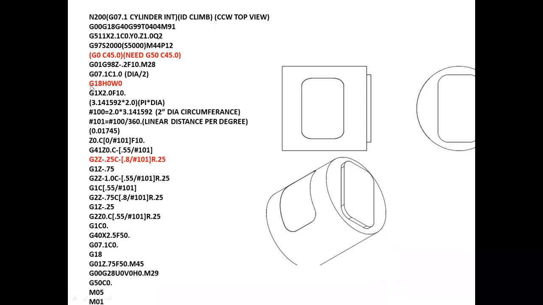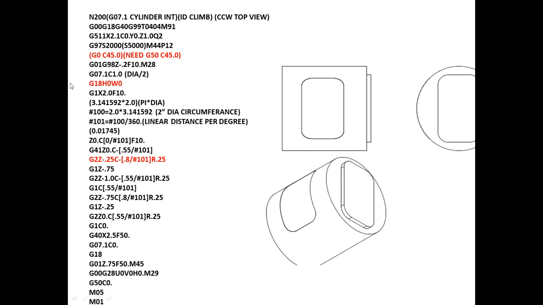After that, instead of G17, I need to change to a different plane selection, because I'm going to work on the Z and C axes. Basically, Z and C should be G19, but in Fanuc control, they want us to use G18 with the axes we're working on. So G18, H0, which is the C axis I'm working on, and W0, which is the Z axis I'm working on.